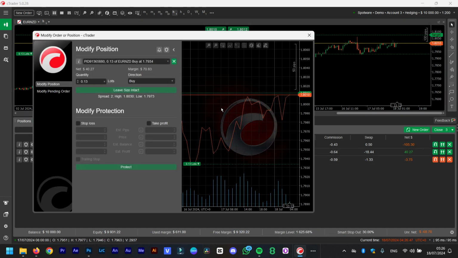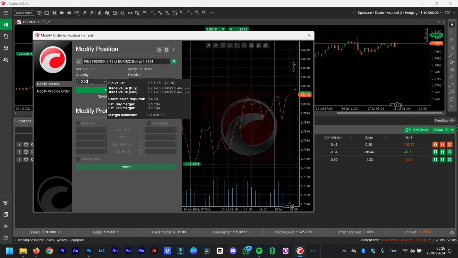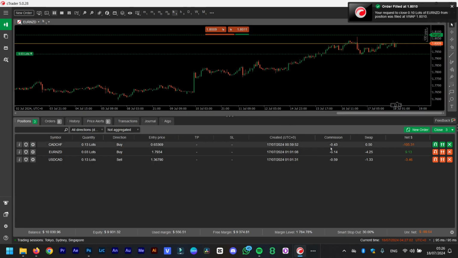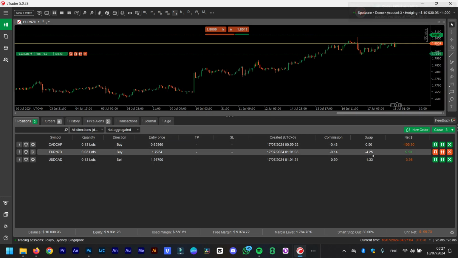So let me modify this position. I'm going to decrease that to, I don't know, maybe 0.4, 0.3. I'm just going to put 0.3. As you can see, I still think that's way too big though. That commission is way too big.